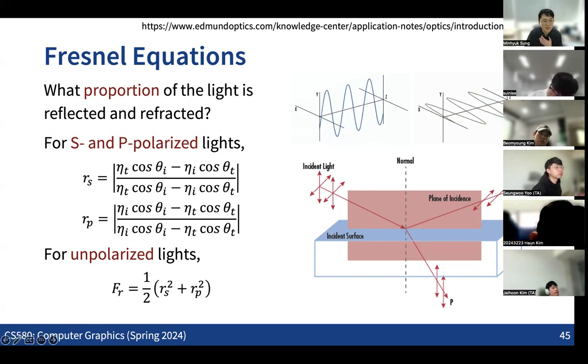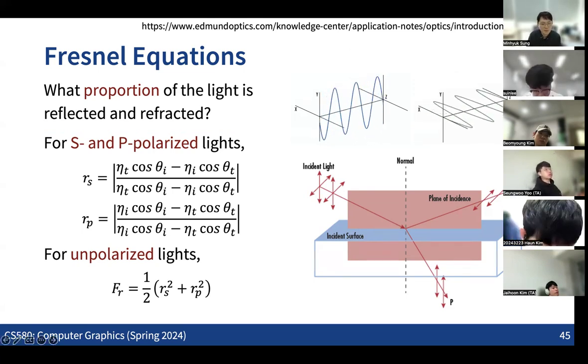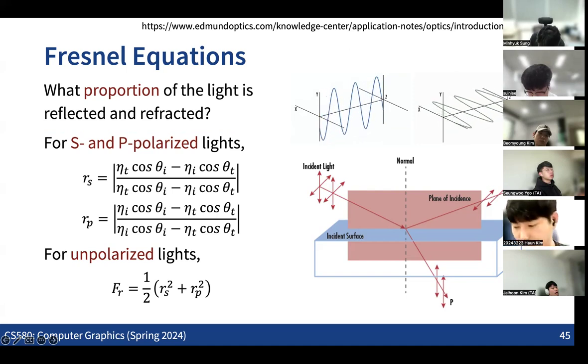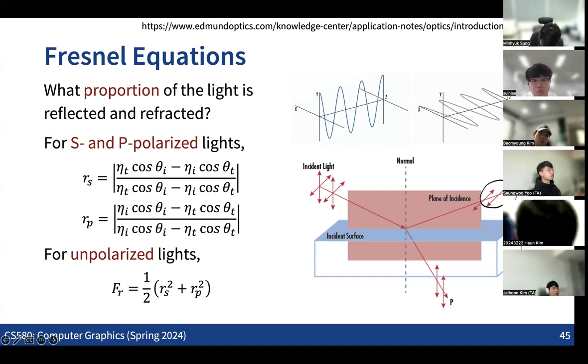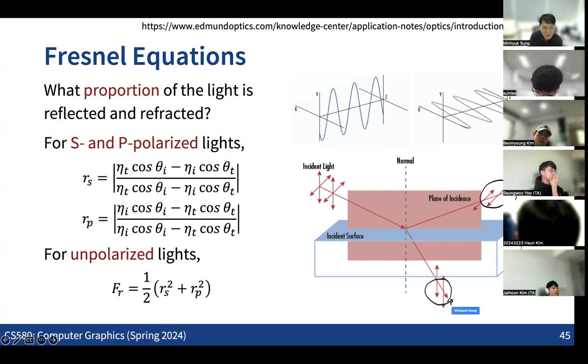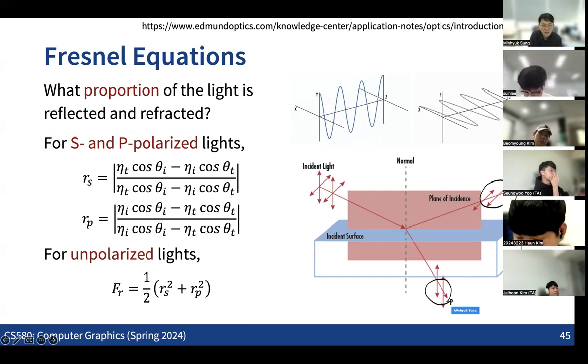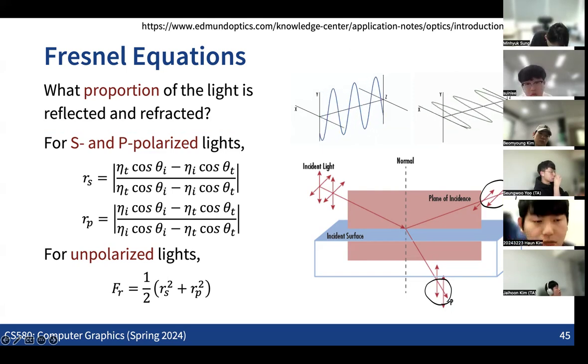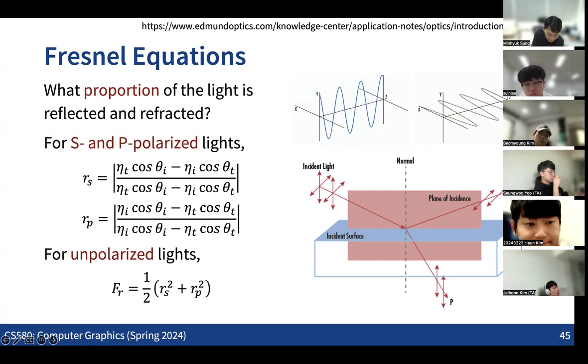One is the S polarized light, the case where the electric field is perpendicular to the plane of incidence. The other type is the P polarized light, the case where the electric field is parallel to the plane of incidence. So you can think of these as the two types of polarized light.